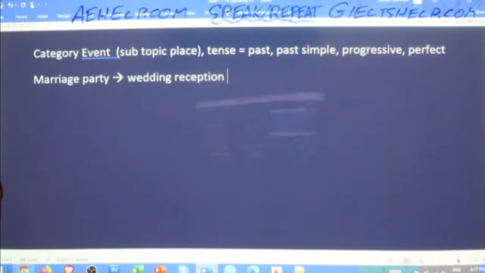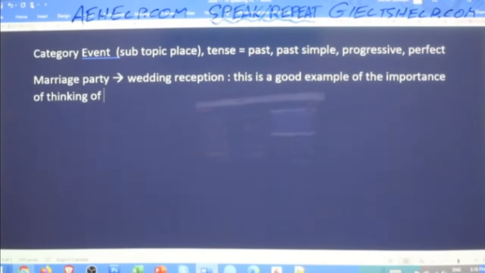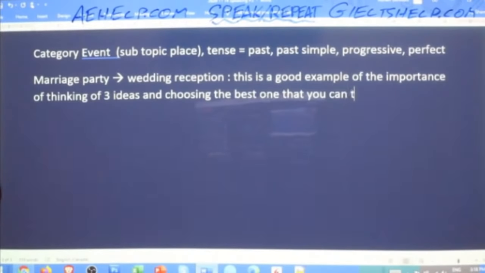So this is a good example of the importance of thinking of 3 ideas and choosing the best one that you can talk about easily and it's original.